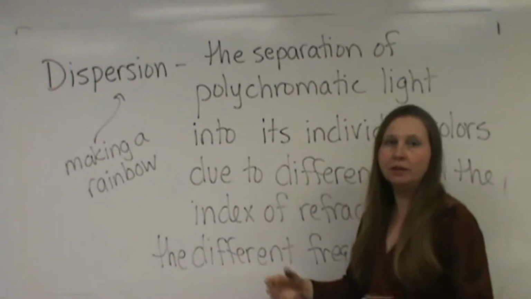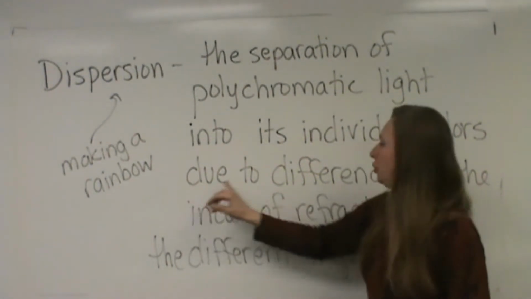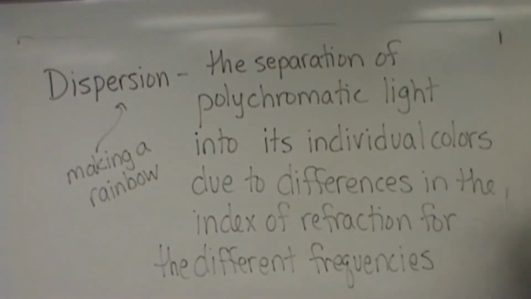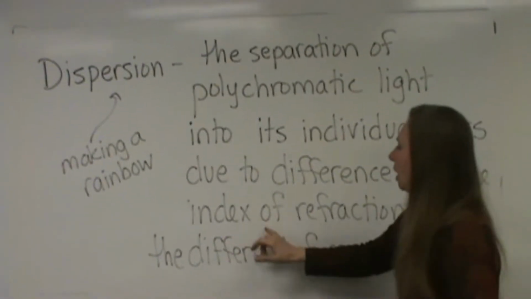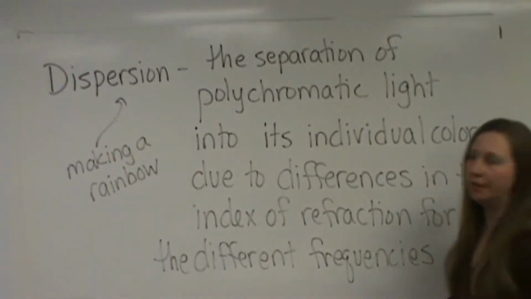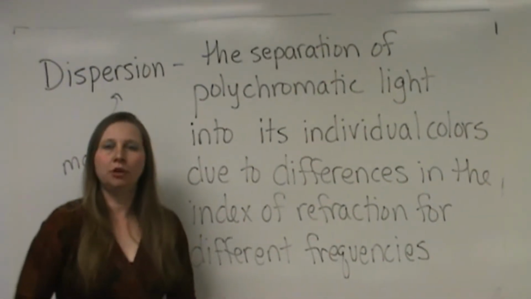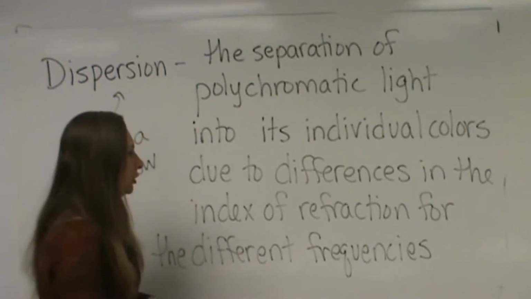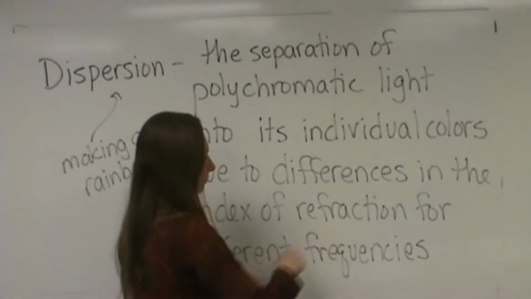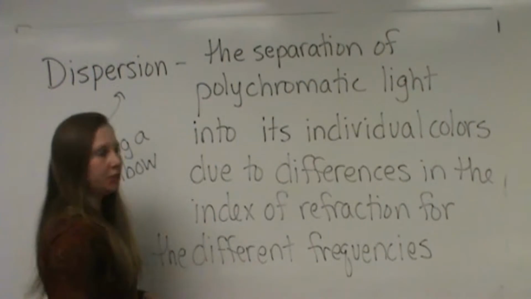Now, why do they separate? Well, they separate due to differences in the index of refraction. Yes, dispersion is a form of refraction. It's a special form of refraction. So why do these colors separate?